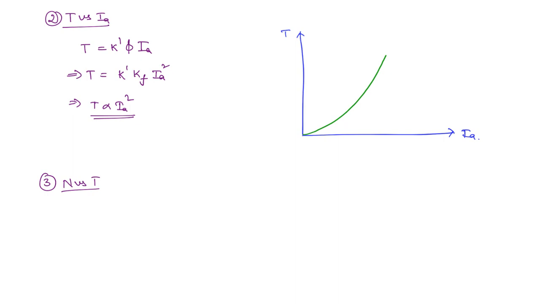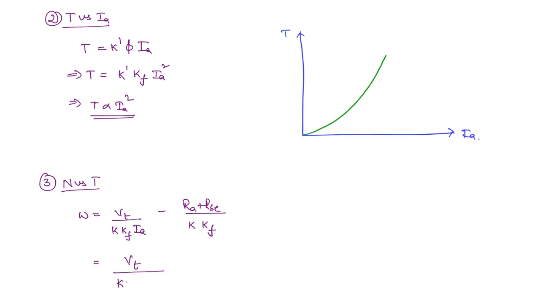So we have already seen that omega is equal to Vt by K into Kf into Ia minus Ra plus Rse divided by K into Kf. Once again, instead of armature current, you will write in terms of the torque.